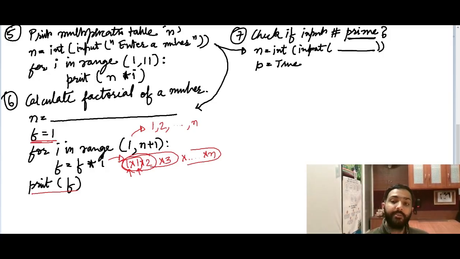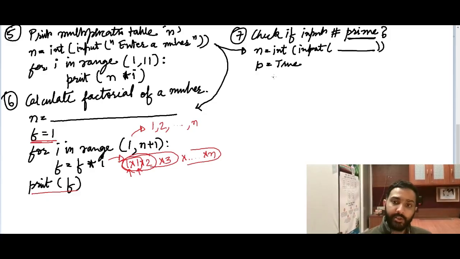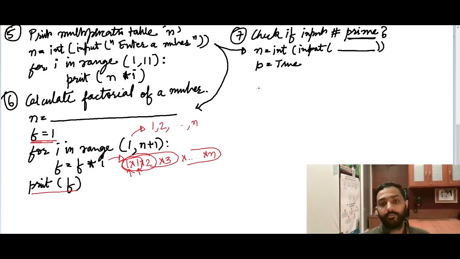So I hope everyone is clear about the definition of prime numbers. Anyways, in the second line we are taking one flag variable, p equals true. It will be used further in the program.